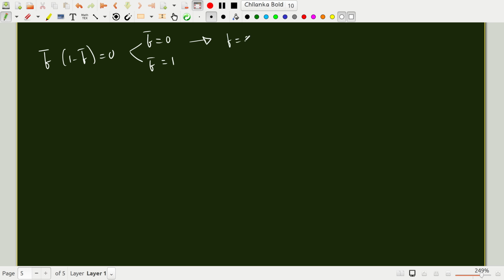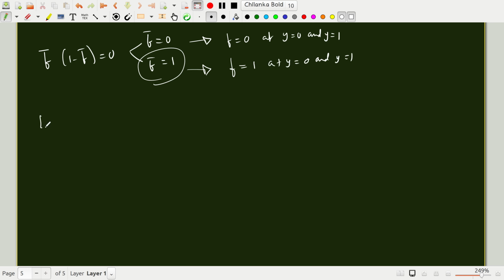We said that f is 0 at y equal to 0 and y equal to 1. Now, we have the other possibility, but this possibility is feasible only if f is 1 at y equal to 0 and y equal to 1. So, let us choose this possibility now.